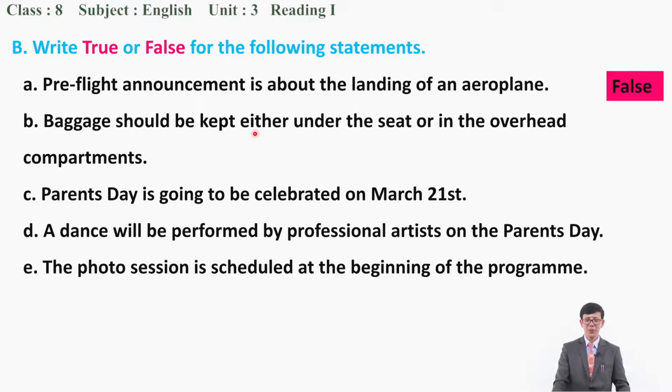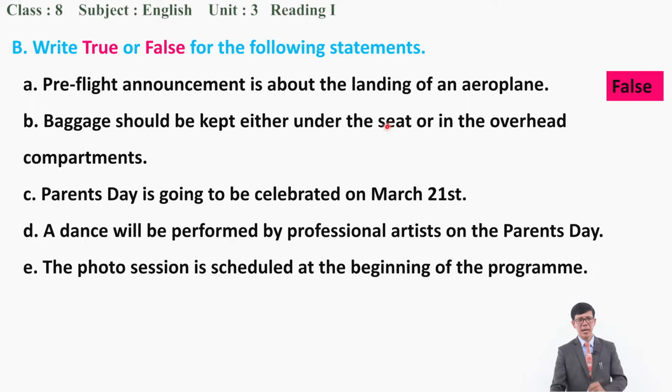Baggage should be kept either under the seat or in the overhead compartments. Where should we keep the baggage? It should be kept either under the seat or in the overhead compartment. Yes, please check over there quickly.